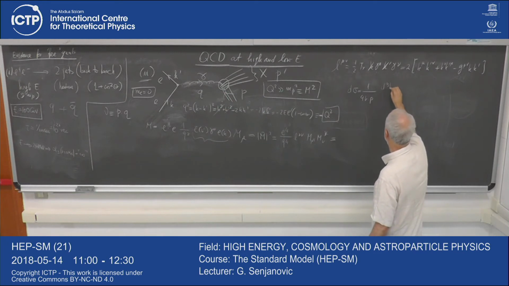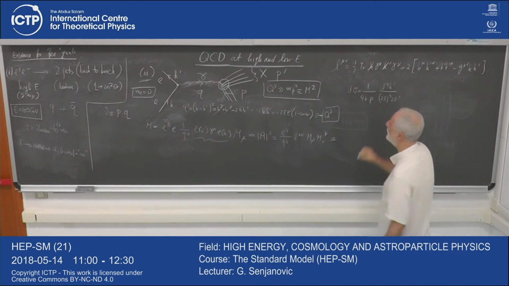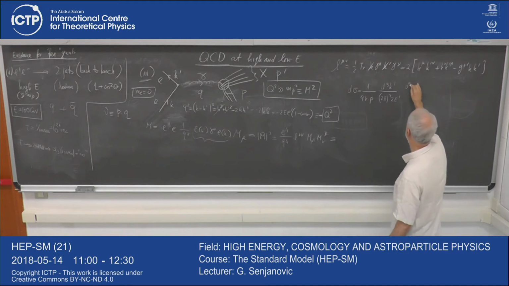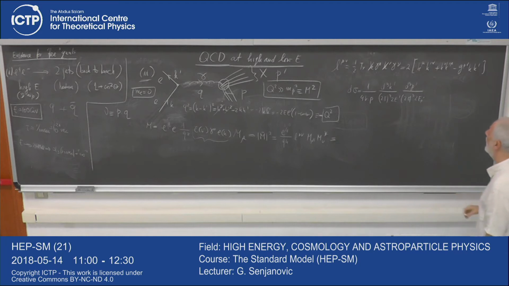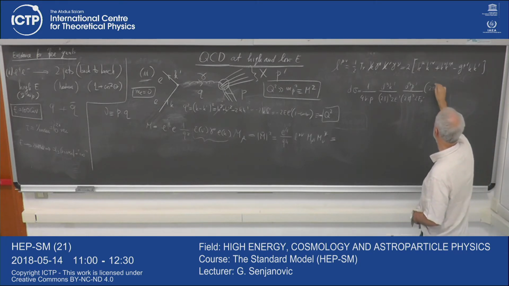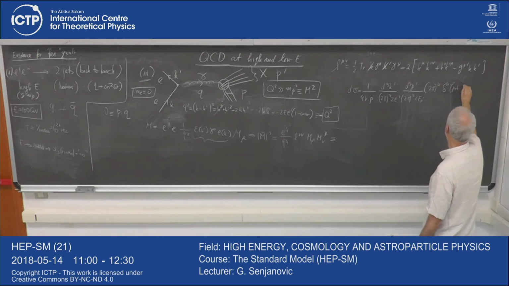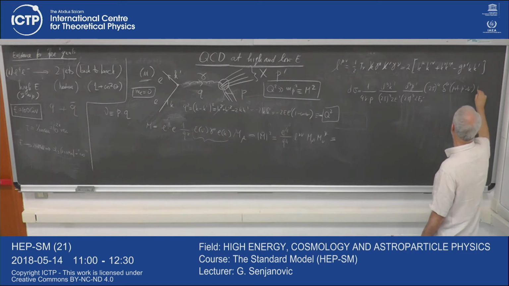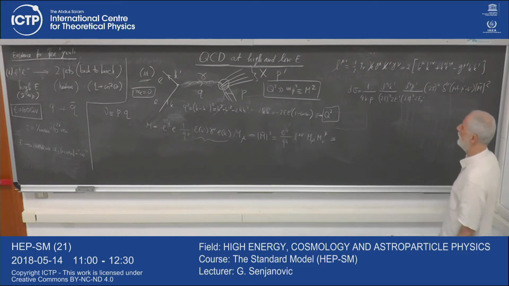Anyway, there is d3k prime over (2 pi)^3 2E prime, d3p prime over (2 pi)^3 2E_P prime, and then there is (2 pi)^4 delta^4(p plus k minus p prime minus k prime) times the amplitude M squared.